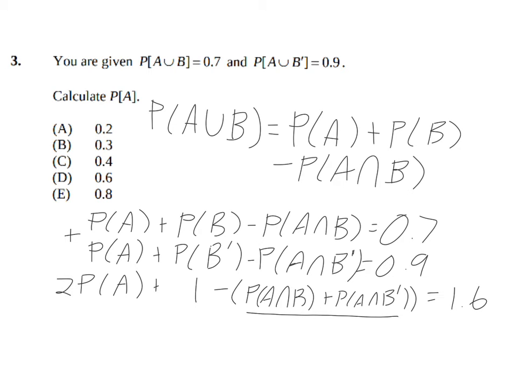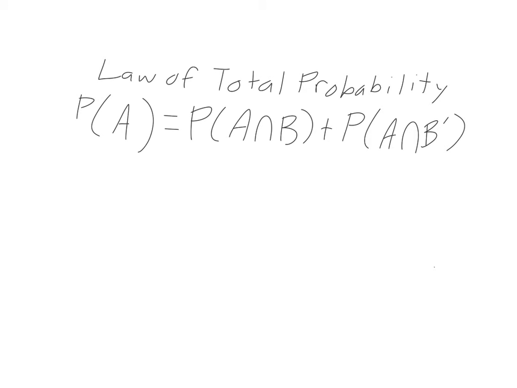does have a specific value that it's going to be according to the law of total probability, which I'll show on the next page. So here's the law of total probability. It says the probability of A is equal to the probability of A intersection B plus the probability of A intersection B complement. Now, let's think about this.